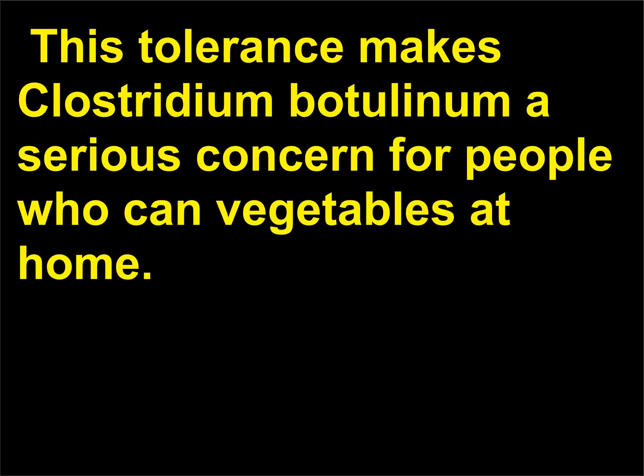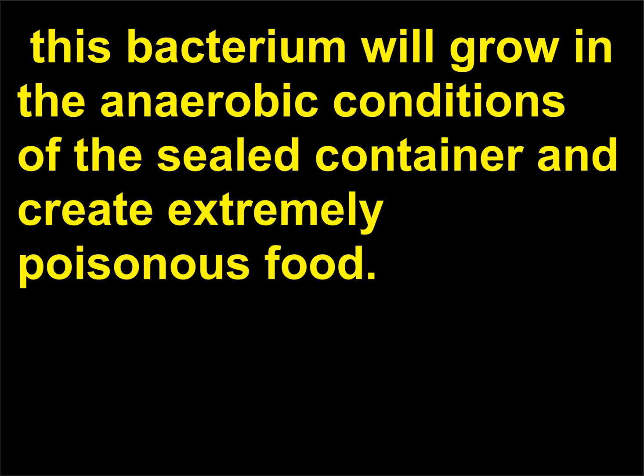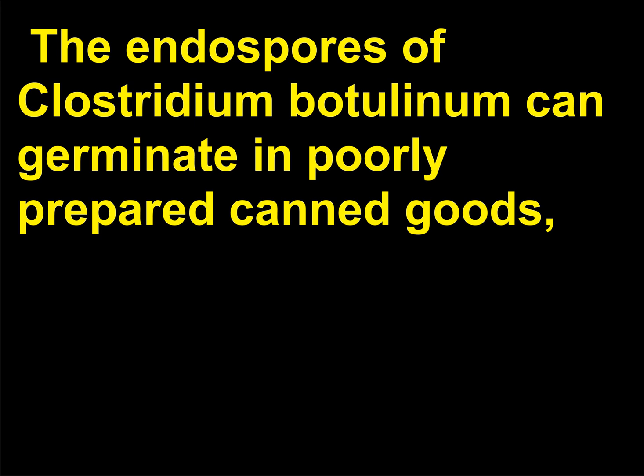This tolerance makes Clostridium botulinum a serious concern for people who can vegetables at home. If home canning is not done properly, this bacterium will grow in the anaerobic conditions of the sealed container and create extremely poisonous food. The endospores of Clostridium botulinum can germinate in poorly prepared canned goods.